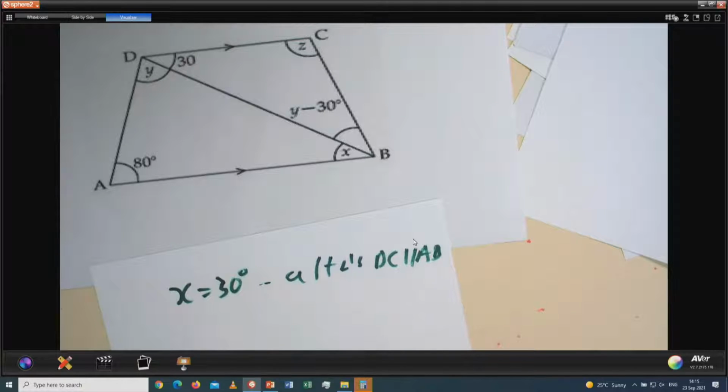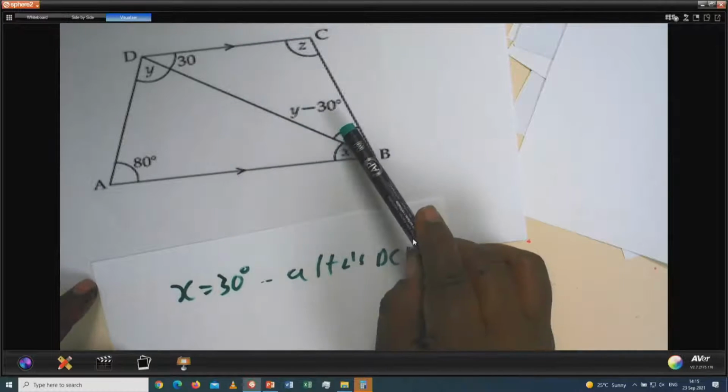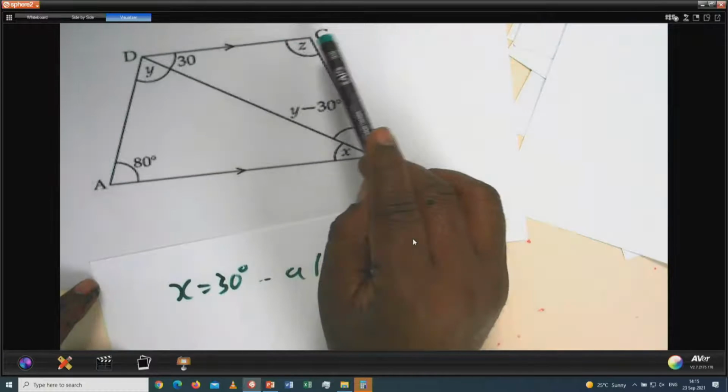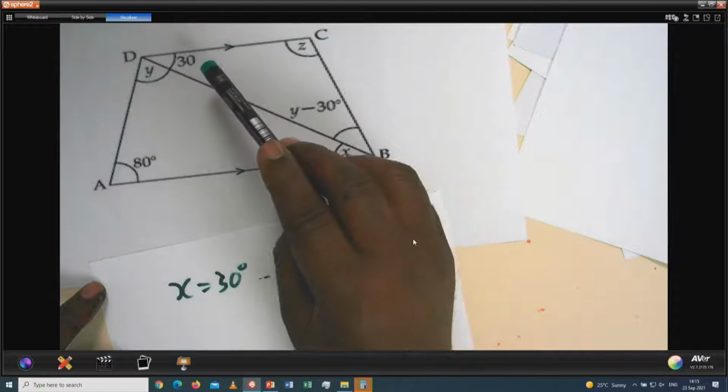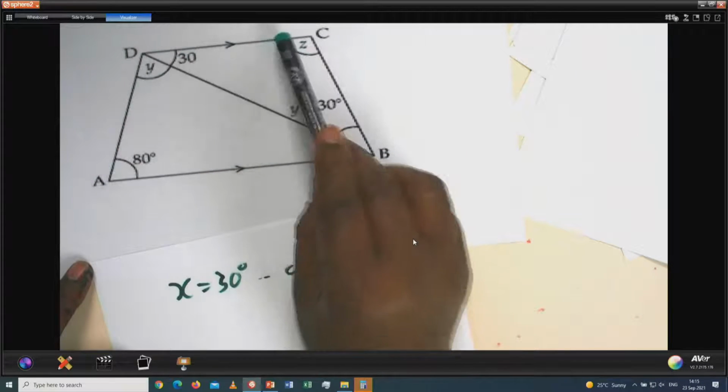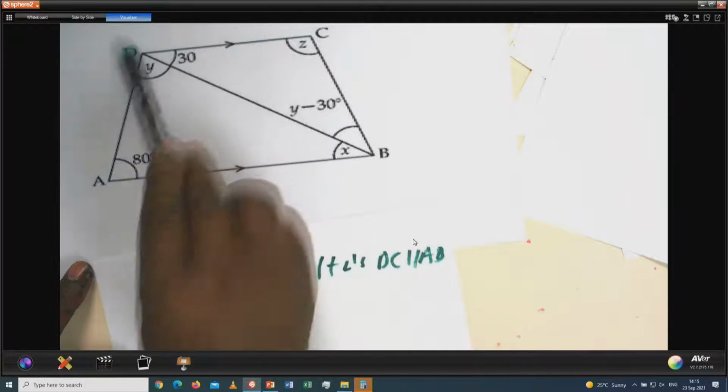You have that. What other information do you have again? Okay, your X, we said, is 30 degrees. What other information do we have again? Let's see. That one we found out is 30 degrees. Again, we've got a co-interior.